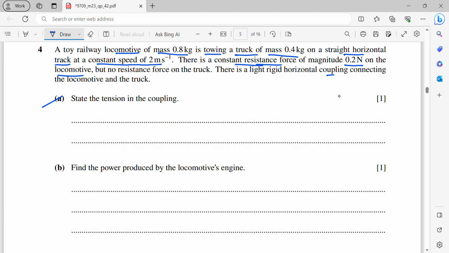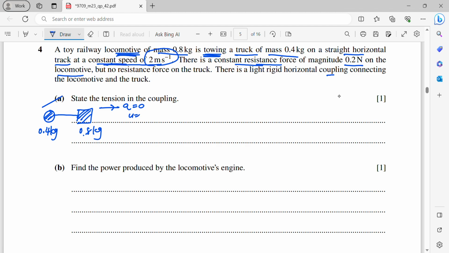Now, the diagram is like this. Let's say this is the truck. No, this is the locomotive, because it is towing a truck. So let's say this is the truck, and the truck is 0.4 kilogram and this is 0.8 kilogram. Moving to the right, the acceleration will be 0 because of the constant speed of 2 meters per second.